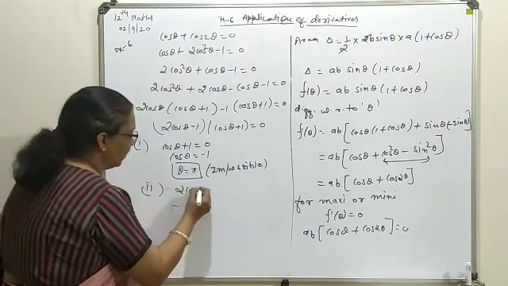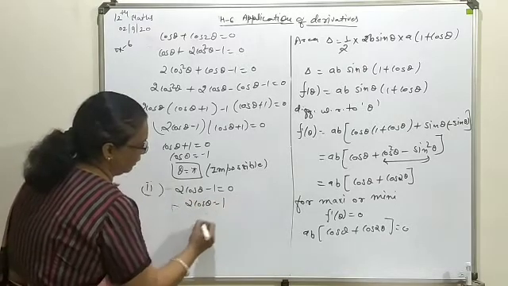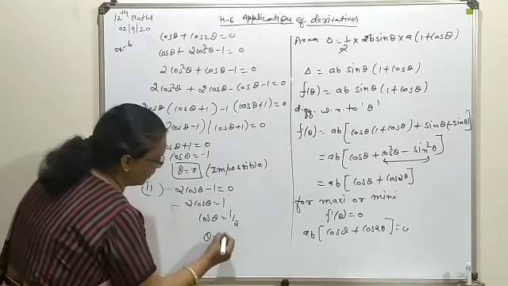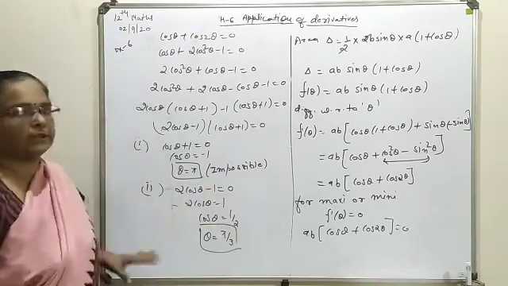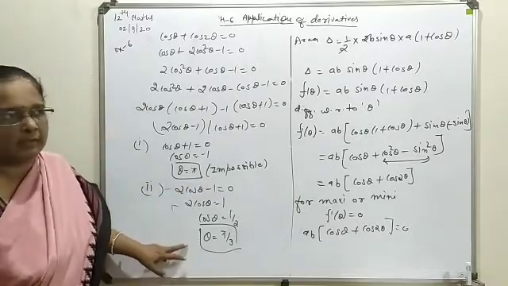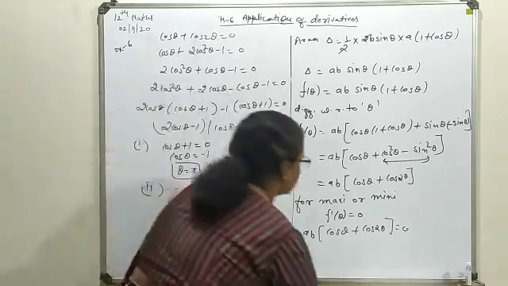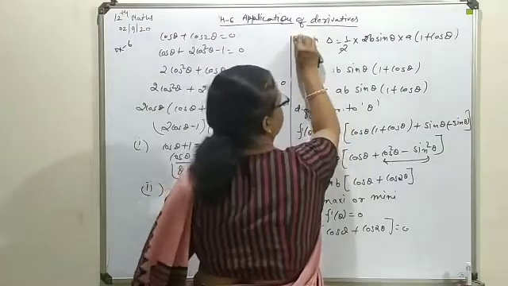2 cos of theta minus 1 is a 0. So 2 cos of theta is a 1. Cos of theta will give you 1 by 2. Means theta will come out as 60 degree, pi by 3. Now we will check out second derivative at this theta evaluated value, whether it will give you maxima or minima. So now again we move towards the derivative.